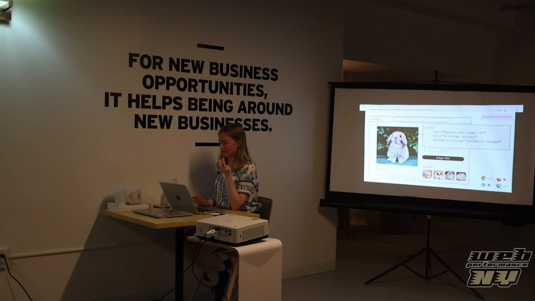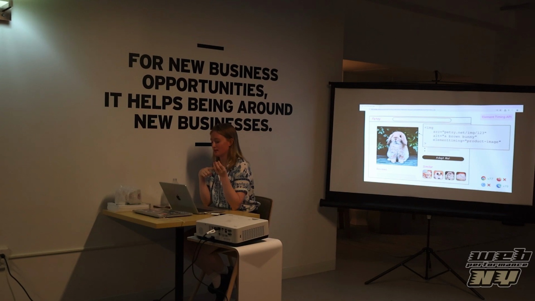All right, anyway. So the first custom metric implementation method that I want to talk about is called the element timing API. By the way, for each of these, I'm putting browser support in the bottom right corner of the slide. If you refer to the slides later, it could be useful. So element timing is a browser API that measures when specific images or pieces of text have loaded.